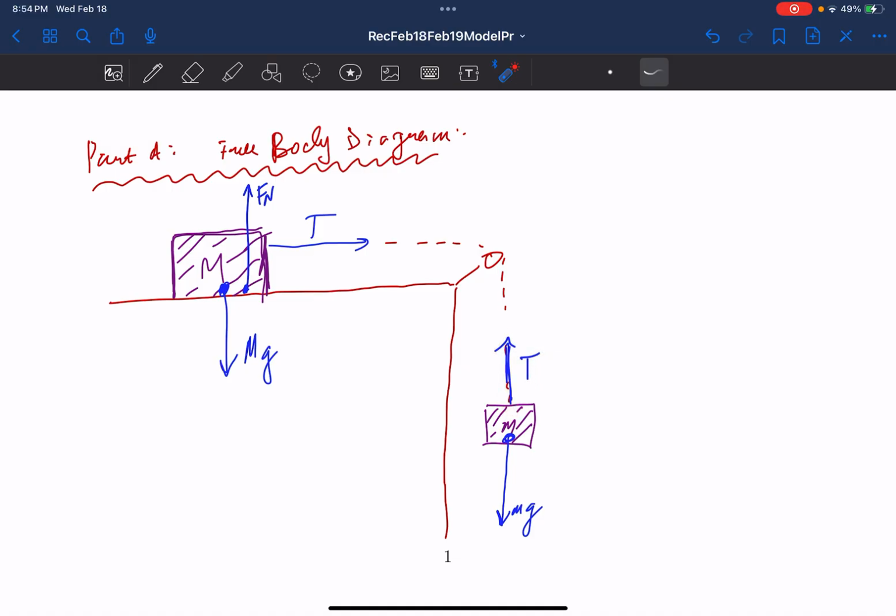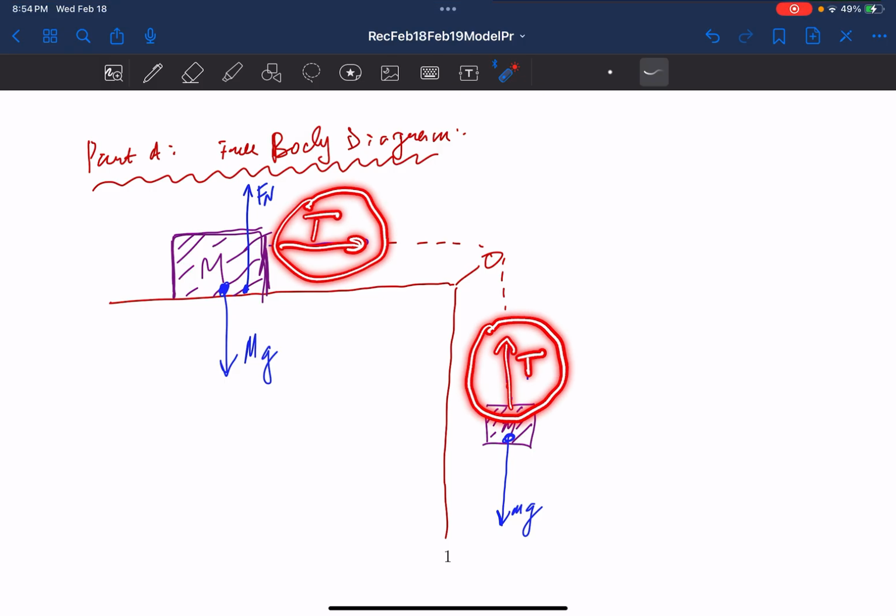Now, one thing about these types of pulley problems is that tension is always the same and equal in magnitude throughout the rope, which means that the tension that's pulling block big M is equal in magnitude to the tension that's pulling on block little m.